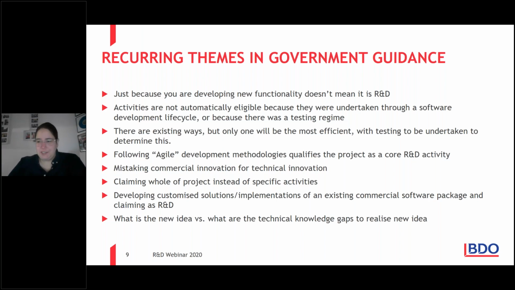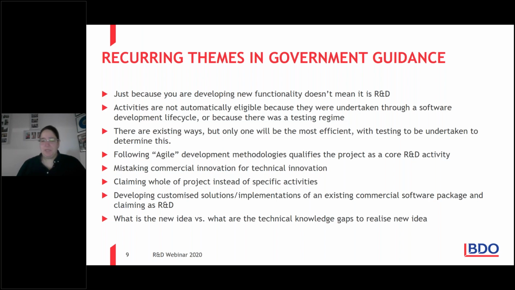Claiming the whole project instead of specific activities. This is quite a common issue. It can be very tempting to have a broad project, and this is quite common in certain industries and companies, where as part of your strategic planning you want to achieve all these IT-based, software-based efficiencies.